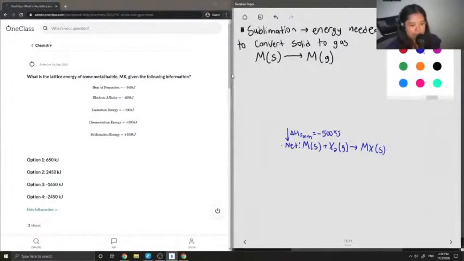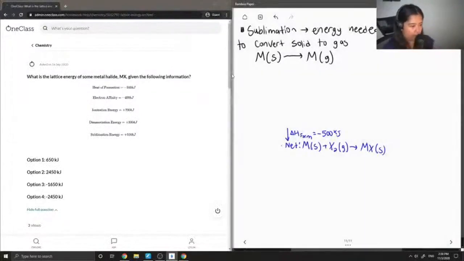In order to get from our elemental solids and gases, we first need to convert our solids to gas, and then our gas needs to be ionized. So I'm going to write it out like this.